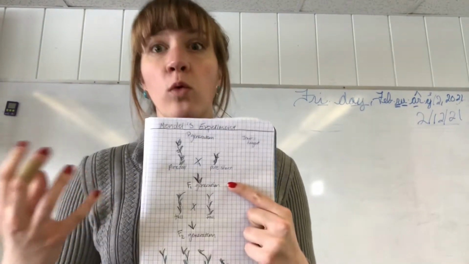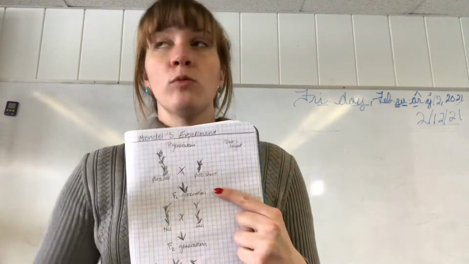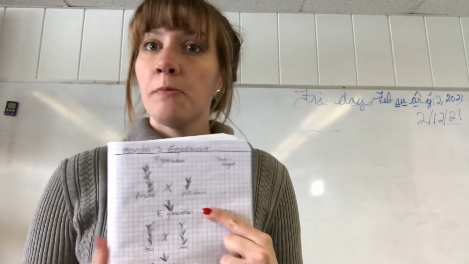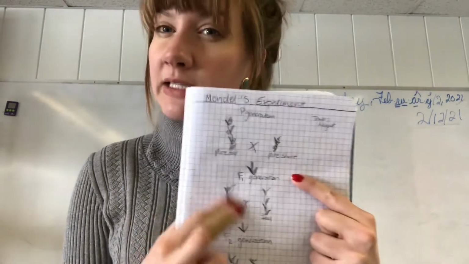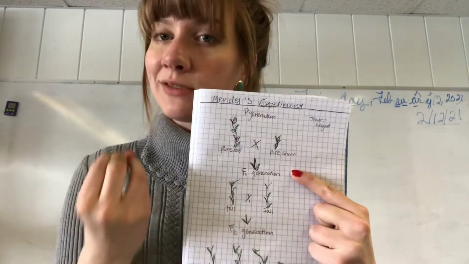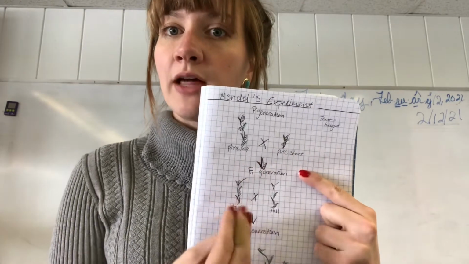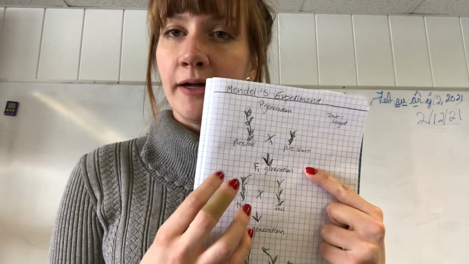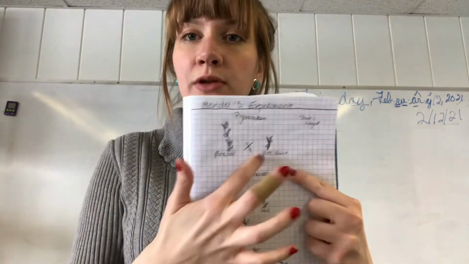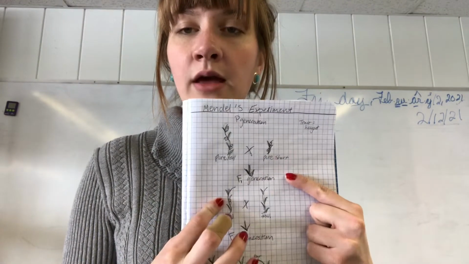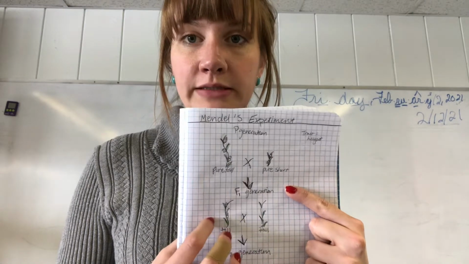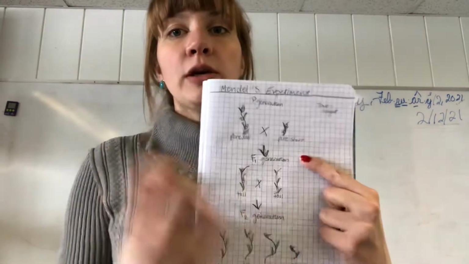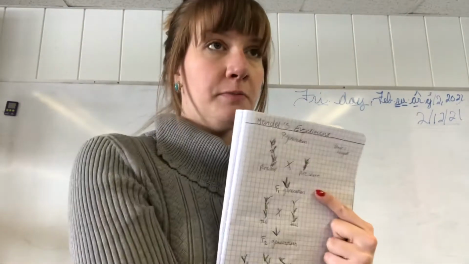So the idea that one factor from a parent could mask another is saying that maybe in these plants, there's stuff saying that they're short. It has the codes to make short things inside of these plants, but all that's being shown is the tallness. So that shortness was just masked over.